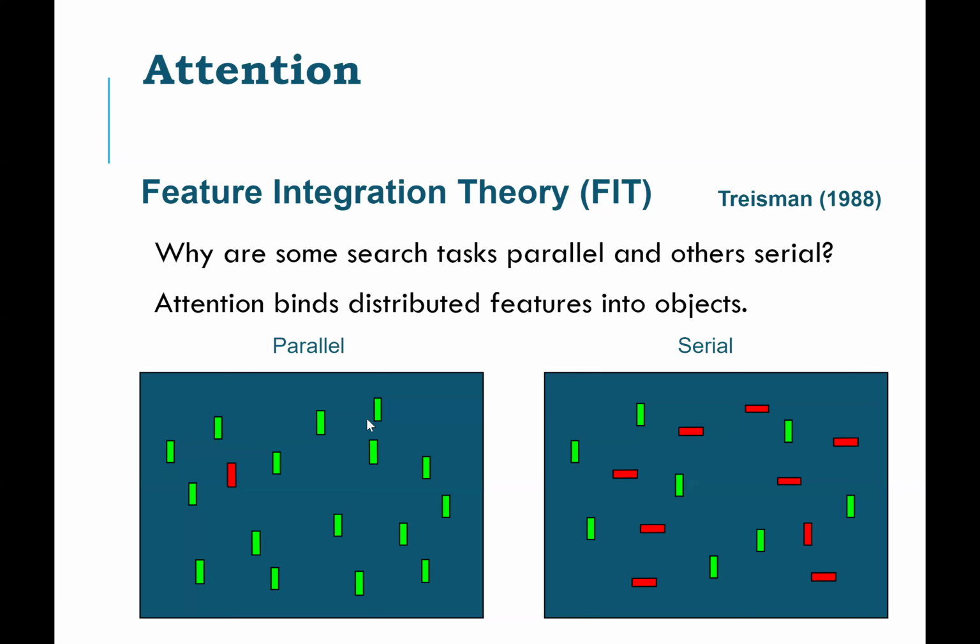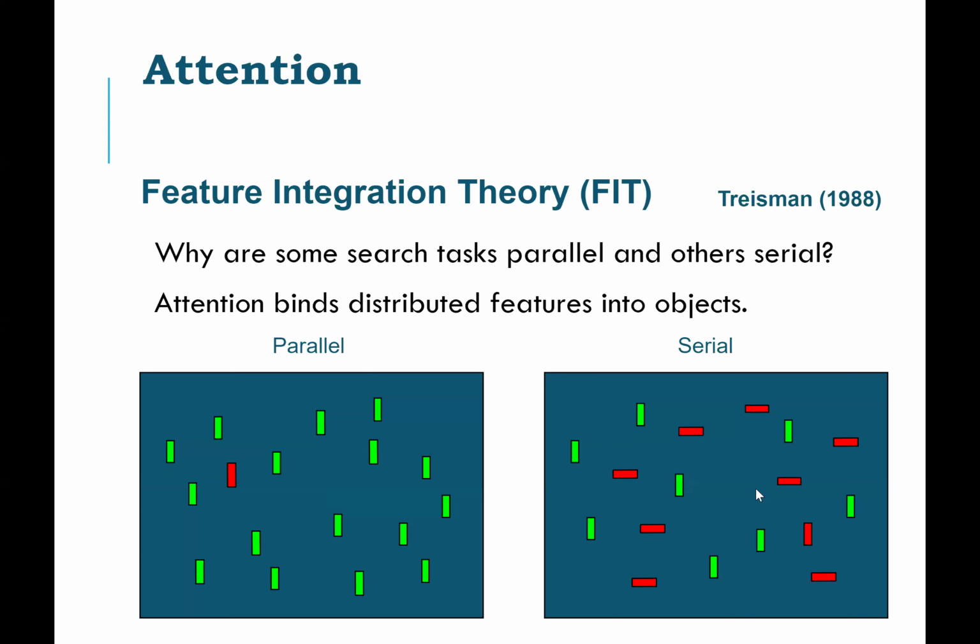When you look at a task like this, with just the map of color, you could decide where the target is or whether there is a target or not, right? And a lot of the time where and what go together, you're processing them in parallel at the same time. So in these cases, when you get one specific color map, that's enough. You could say, well, there is something red in this map, so my job is done. You could respond quickly.